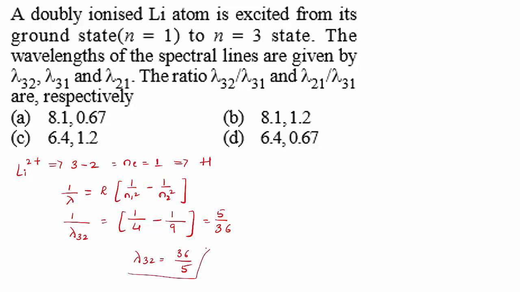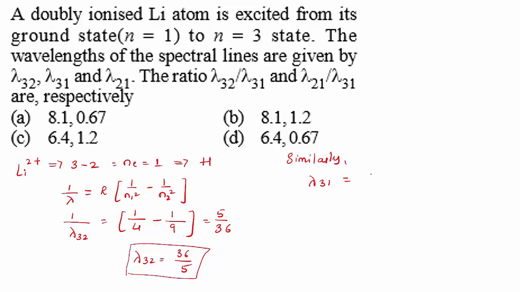This is for lambda 3 to 2 transition. Now similarly solving for the remaining, that is 3 1 and 2 1. See here, for lambda 3 1, similarly, lambda 3 1 is equal to, substitute the values.